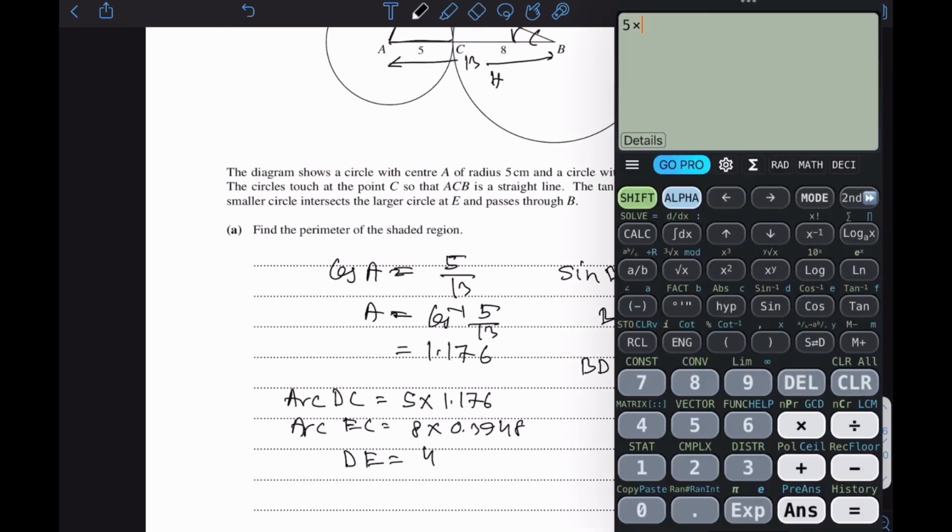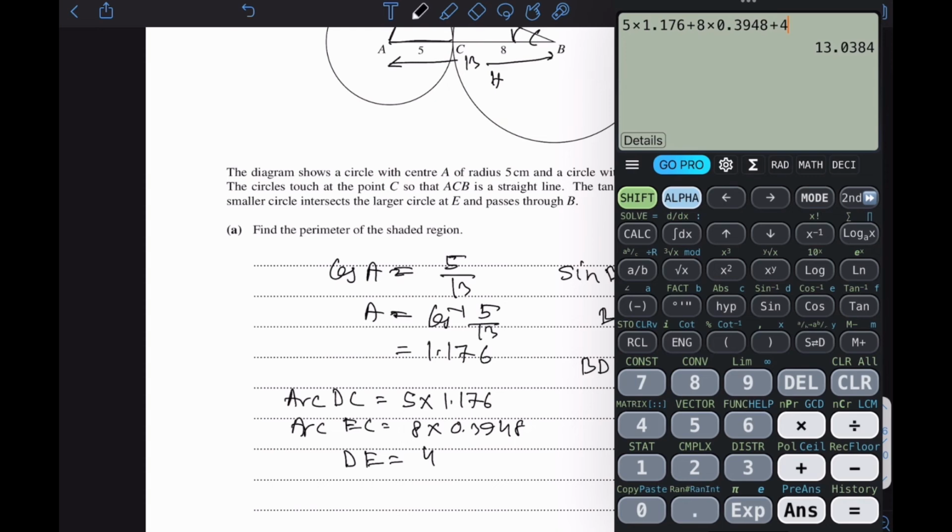Try it again. 5 into 1.176, okay, plus 8 into 0.3948 plus 4.